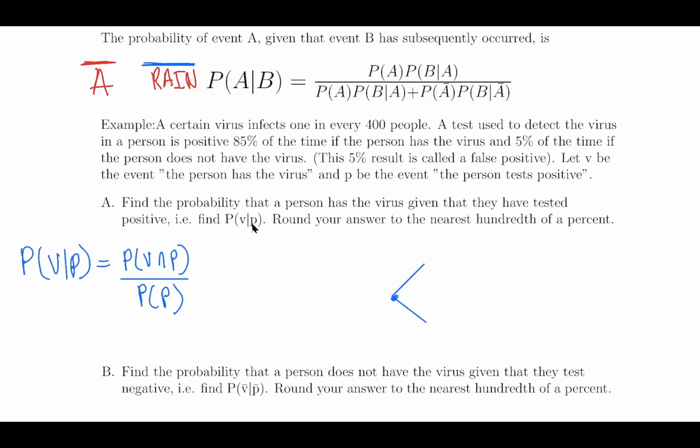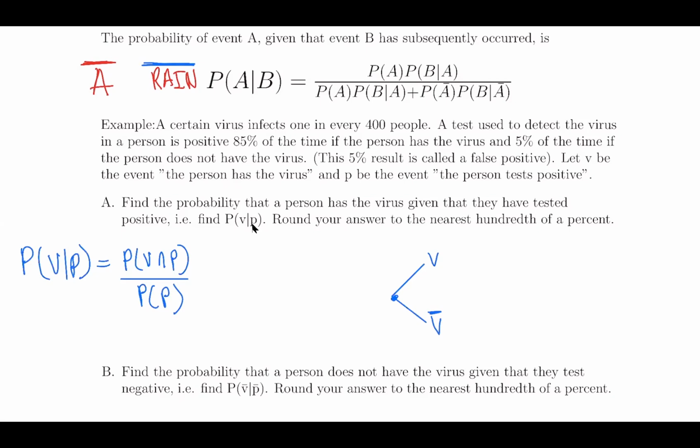You have the virus first. So we're going to say virus or no virus. And remember, that's why we put the bar over it, because the bar just means we have no virus. Everybody good so far on V and V bar?